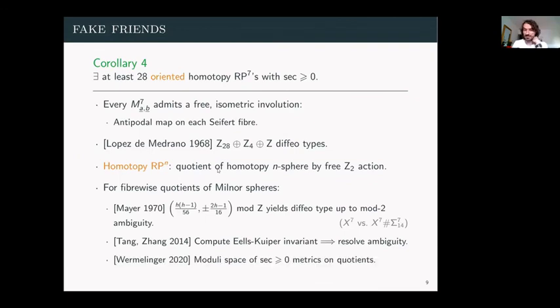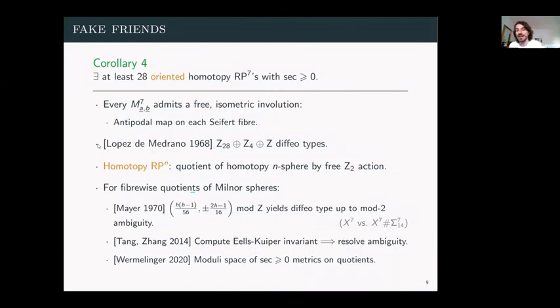And just to finish up, I want to highlight some recent work of Jonathan Vermelinger, a PhD student of Anand Dessai, who has studied the moduli space of non-negative curvature metrics on certain Z mod 2 quotients of manifolds, in particular fiber-wise quotients of Milnor spheres and S3 bundles over S4.